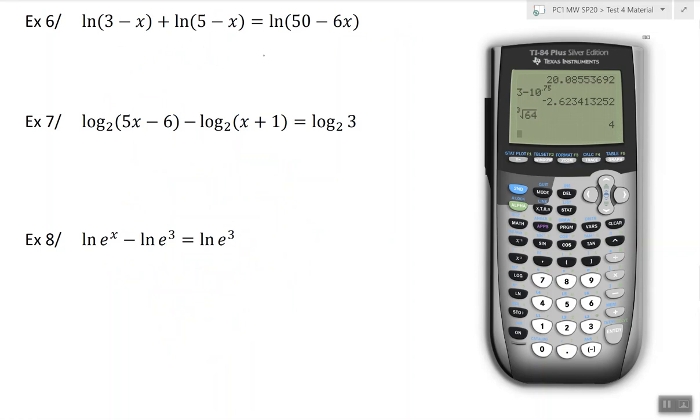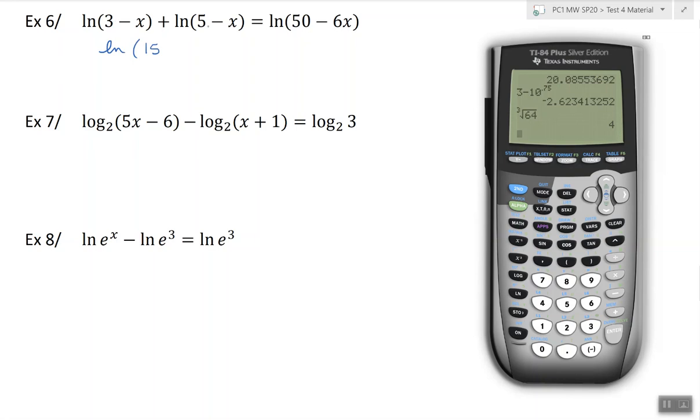Number 6, we have 3 logarithmic expressions, but we could put these two expressions together, and then we would have the log equals a log and be able to equate the arguments. So this is actually quite easy. I have the natural log of 15.